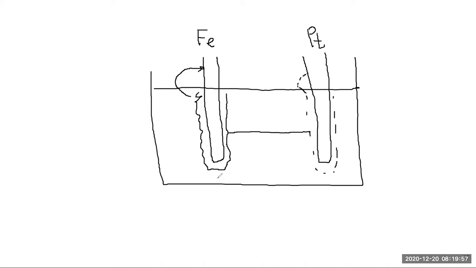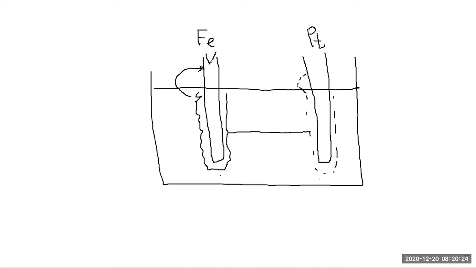So the potential of this coat and this coat is the same. That means the potential of the iron rod is much higher.